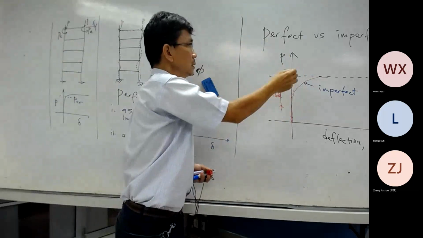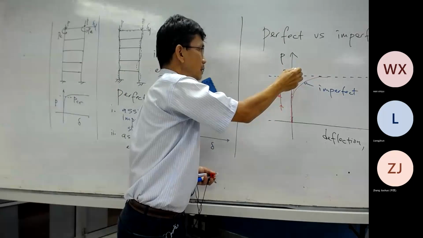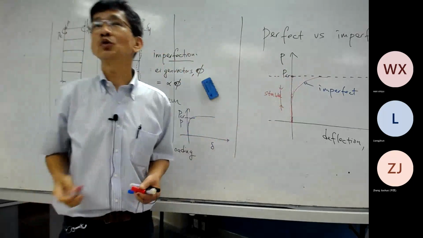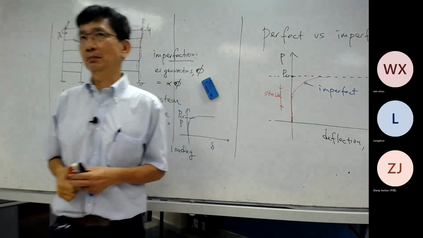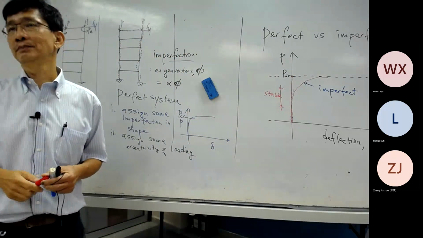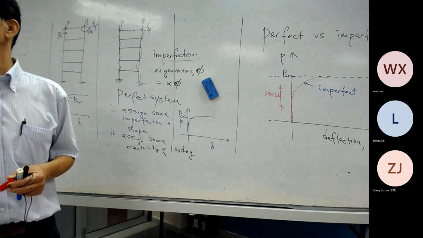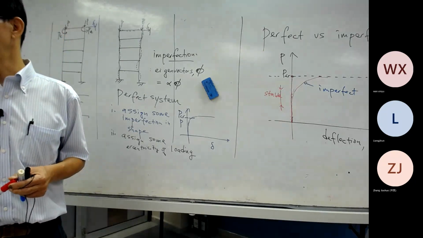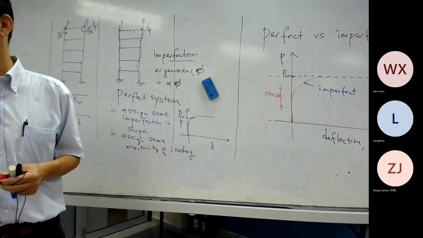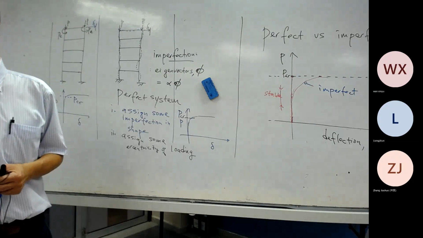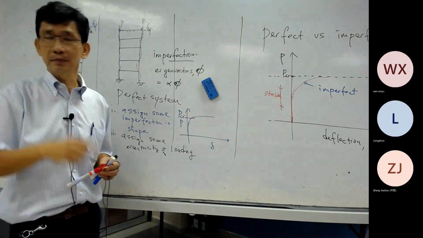For the perfect one, when it reaches this level, what happens to that perfect column when it reaches exactly P equal to P critical, if you disturb it?